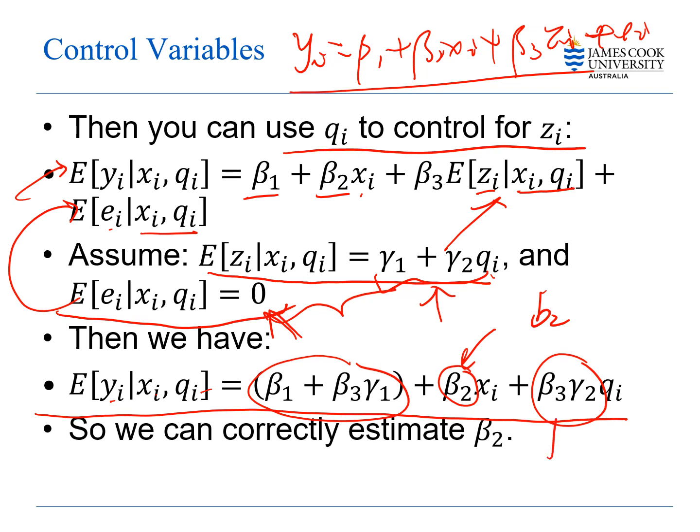However, the estimate of this is composed of beta 3 and gamma 2, so we cannot identify beta 3 separately. But that's fine, we are not interested in estimating the causal effect of Z on Y. This is a control variable. We use the control variable in the case that we don't have data for Z.